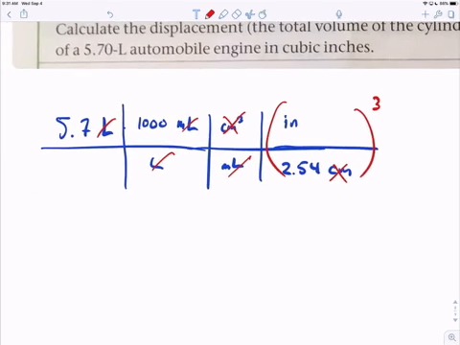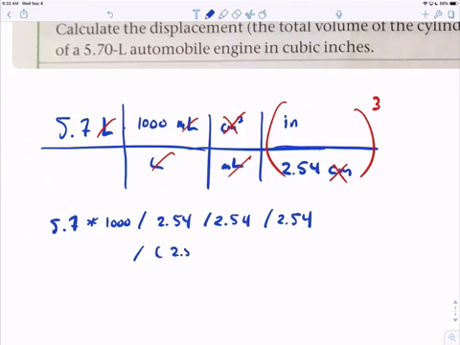So when you put this in your calculator, you've got to do 5.7 times 1,000 divided by 2.54 cubed. Or if you don't have a cube button, divided by 2.54 divided by 2.54 divided by 2.54. If you put that in your calculator, that will give you the right answer. Or if you want, you can divide it by the quantity 2.54 times 2.54 times 2.54, close parentheses.